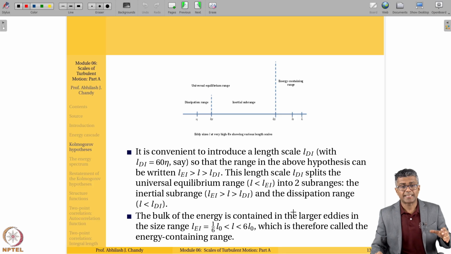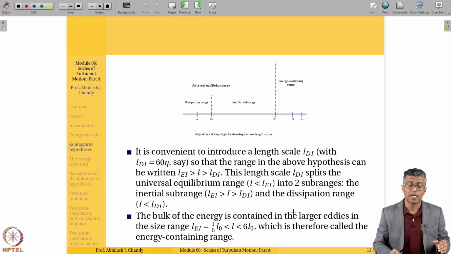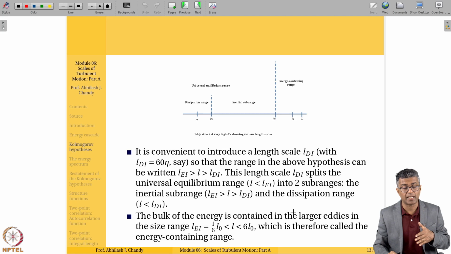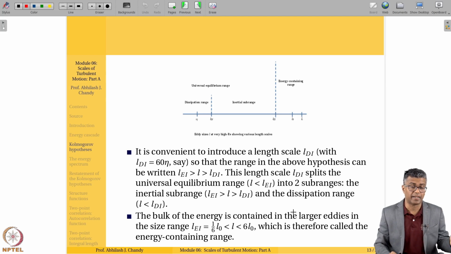Let's now look at a range of length scales. Let's introduce a new length scale, which I am going to call LDI. Since it is much larger than the dissipative eddy, and much less than the energy containing eddy, it is less than LEI and greater than LDI.